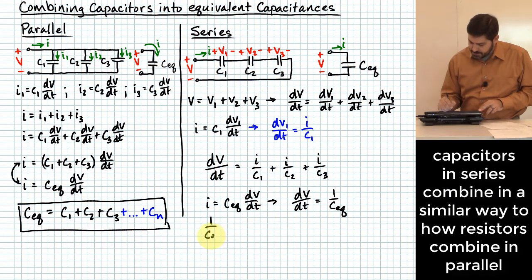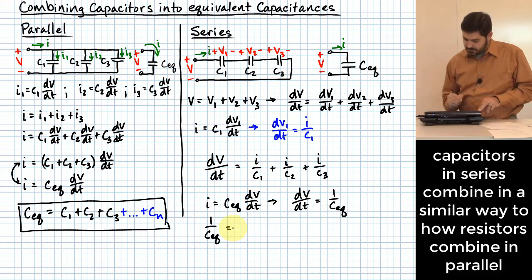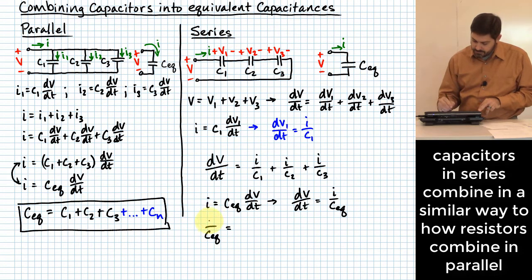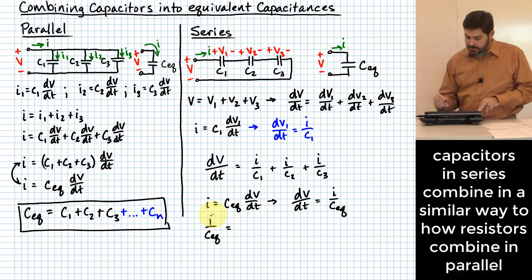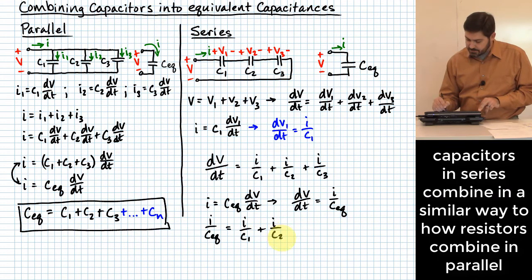I over CEQ is equal to, excuse me, I shouldn't have put 1 here. I knew something was not right. What should I put there instead of 1? I. Okay, so I over CEQ is equal to I over C1 plus I over C2 plus I over C3.